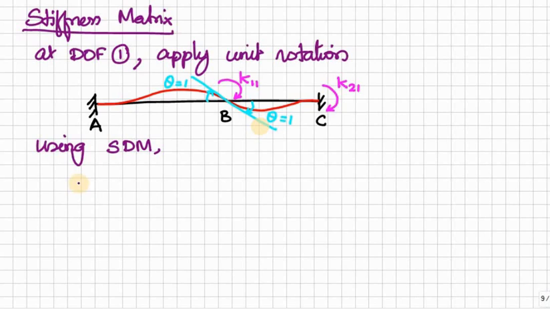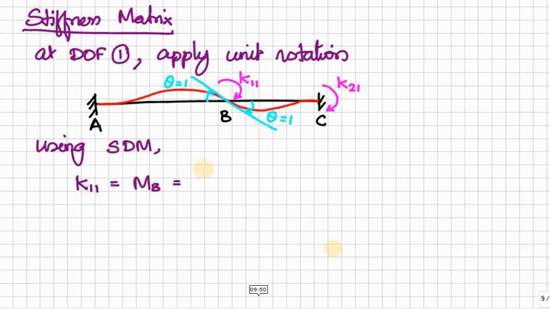To find K11 and K21, either we can use the slope deflection method or we can get the value straight away, because already we know for this kind of deformation, this will be the moment. If you remember that formula, then you can directly substitute without using this slope deflection equation. Anyway, we will try both methods to understand.